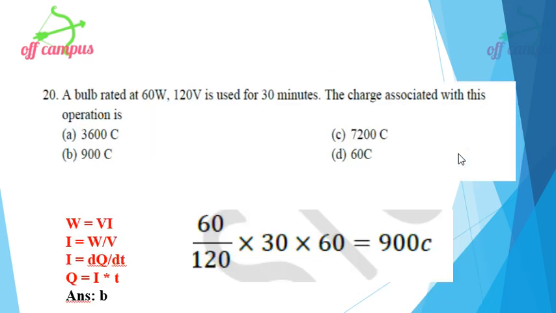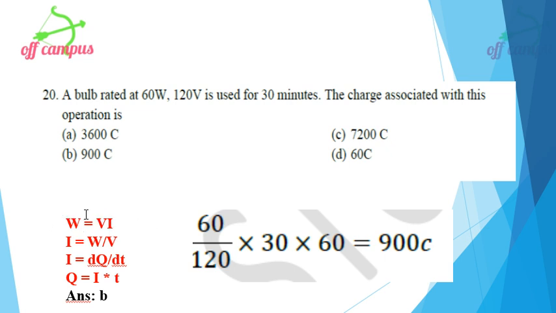Then this is the final one. A bulb rated 60 watt, 120 volt is used for 30 minutes. The charge associated with this operation. What is the charge in general? We need to know that W equal to VI. Already we have seen power equal to voltage into current.